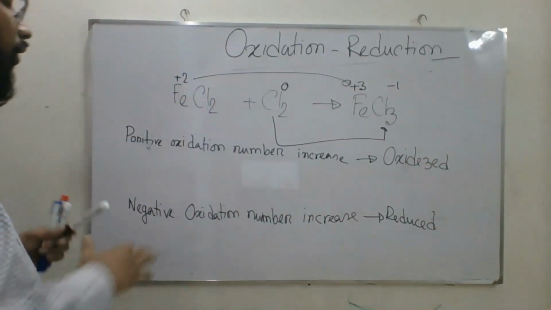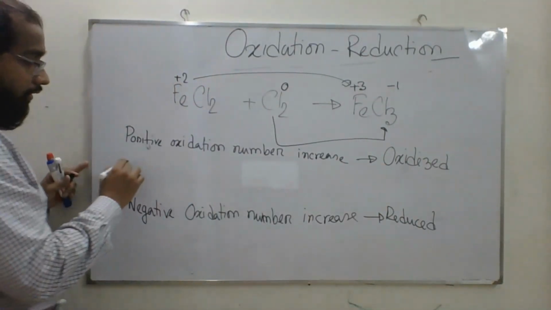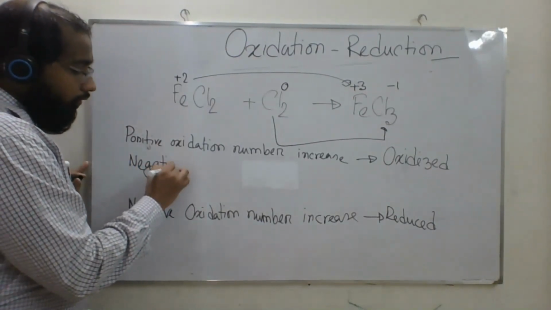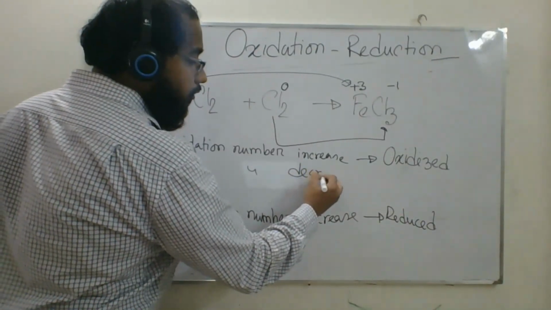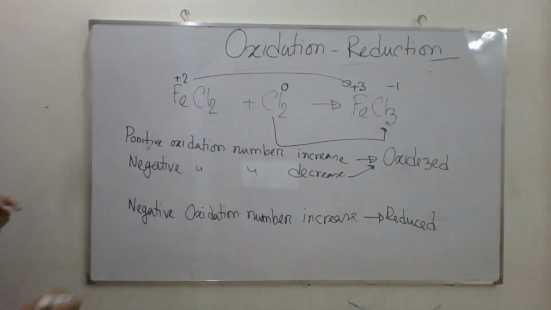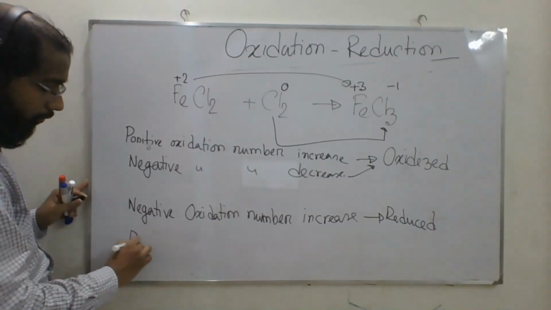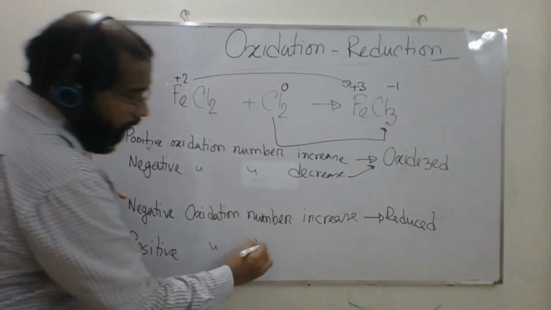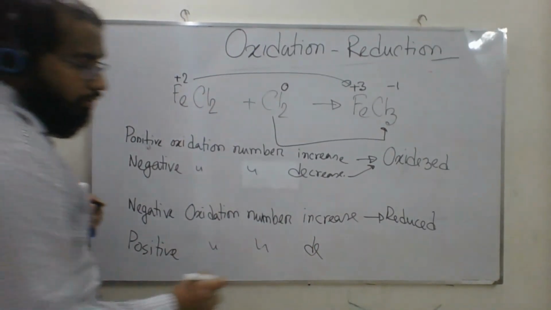Now, if a positive oxidation number increase means oxidation, then a negative oxidation number decrease should be oxidation. Again, a negative oxidation number increase means reduction, so a positive oxidation number decrease means reduction.